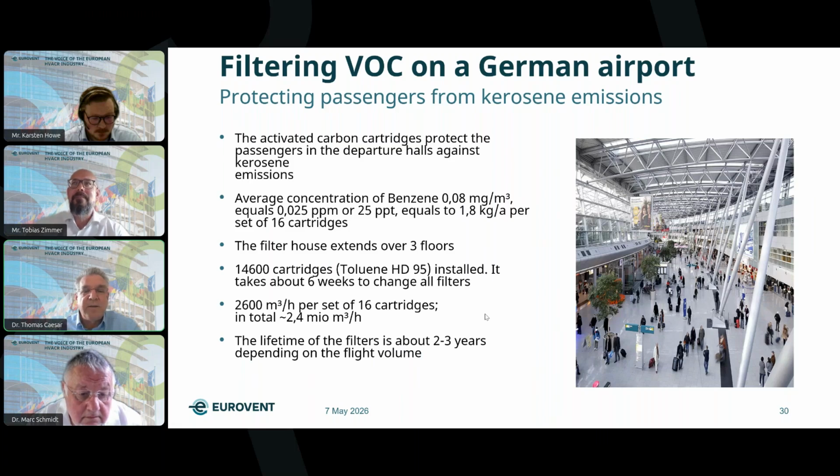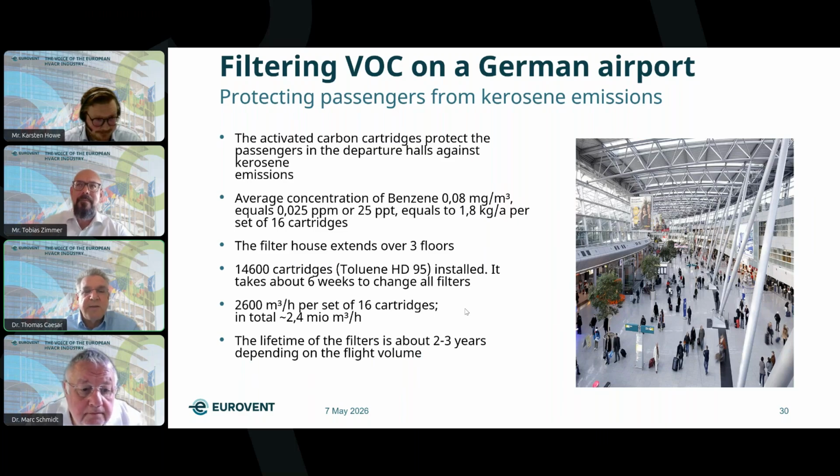In this case, the average concentration of benzene is 0.08 milligrams per cubic meter, or 25 ppt, which equals basically 1.8 kilograms per year for a set of the cartridges that I used here. I will show you a picture later.